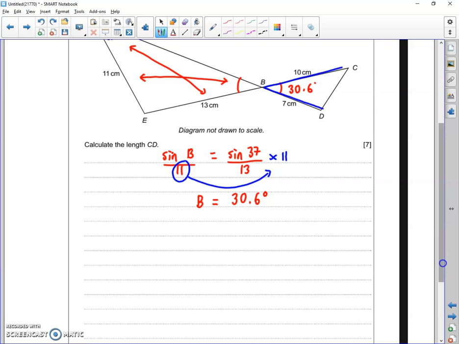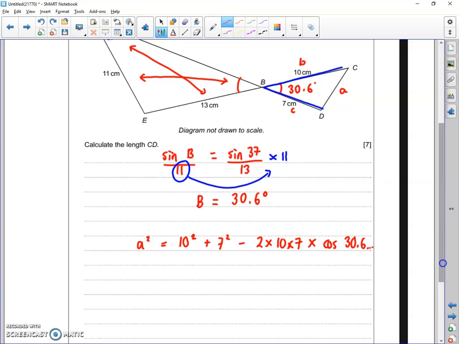in between. So this is cosine rule now. So that would be little a, little b, little c, ignore their letters. The 30.6 is capital A. So a squared equals 10 squared plus 7 squared minus 2 times 10 times 7 times cos 30.6.